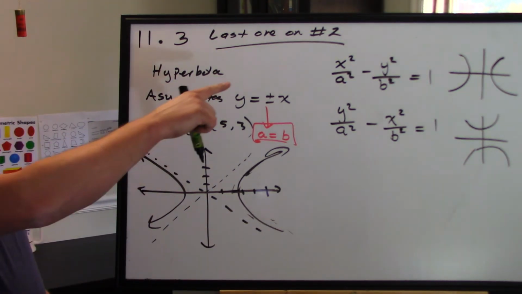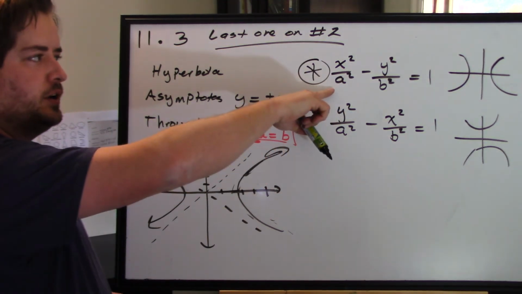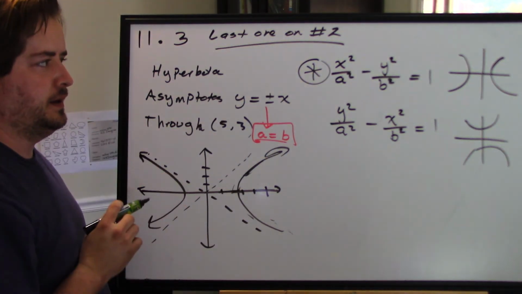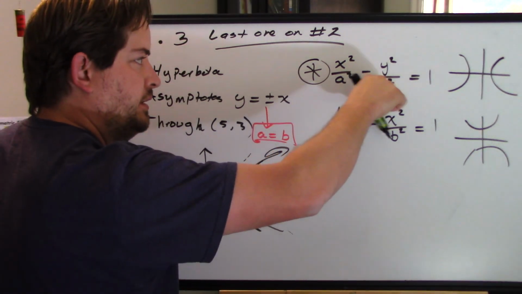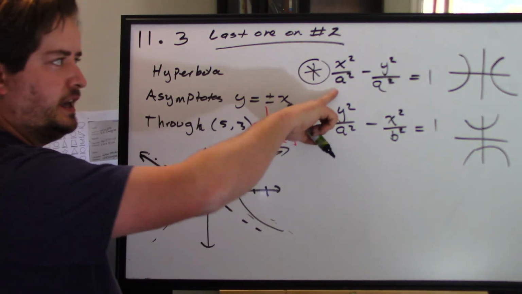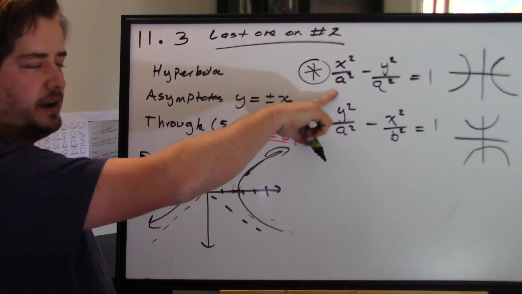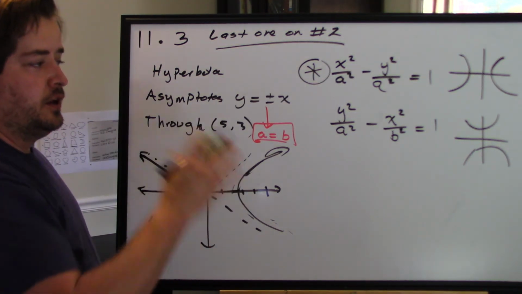So that means that I know the general form of my hyperbola is the x squared minus y squared form, right? And furthermore, I know that a is equal to b, so I could even further say that I have something that looks like this. x squared over a squared minus y squared over a squared equals 1. Right? So I'm going to erase all this.